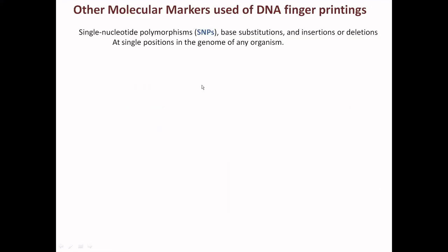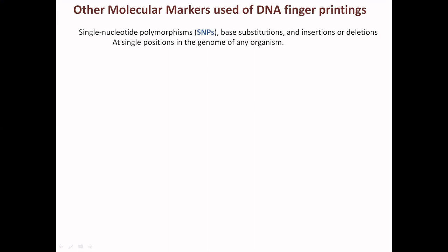So other than the STRs and the minisatellites, single nucleotide polymorphism, base substitution, insertion or deletion called indel at a single position in the genome of any organism are used for identifying individuals.